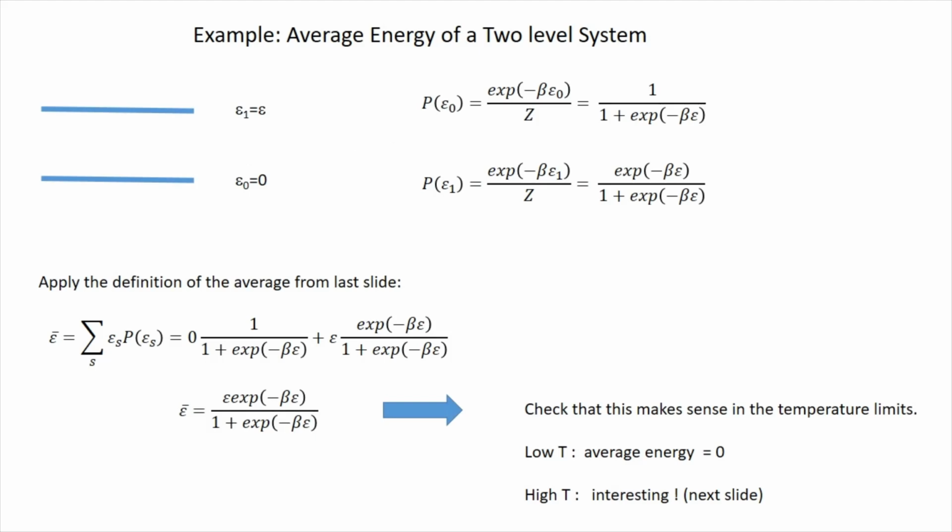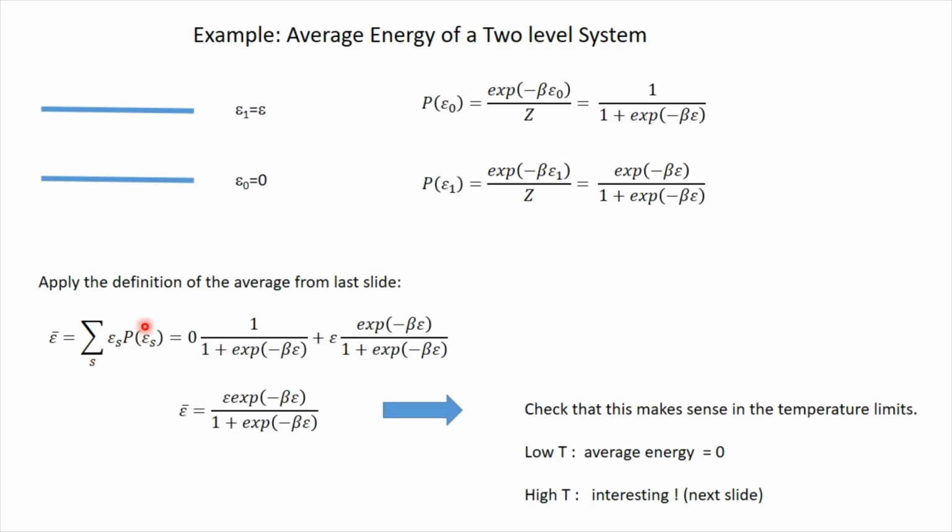So let's compute the average energy of our generic two-level system that we started with. In this case, we use the probabilities that we already calculated and just plug them in. So we calculated these probabilities for being found in each of the energy levels, and we're just going to plug these into this formula for average energy.